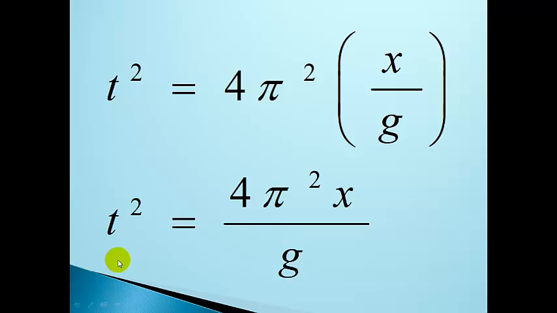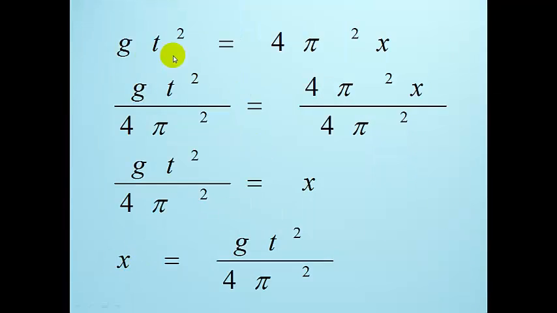Now in doing that, we have gt square is equal to 4 pi square x. Because we are making x the subject, we have to divide both sides by 4 pi square. So when we divide the right hand side by 4 pi square, we are left with x, since 4 pi square will cancel 4 pi square because it's the same expression.